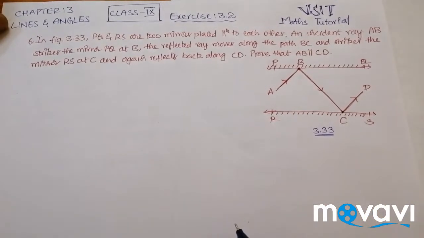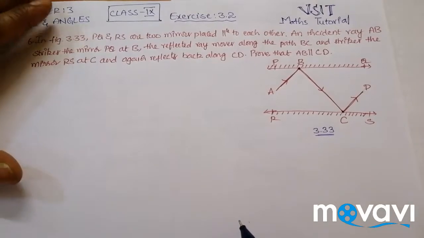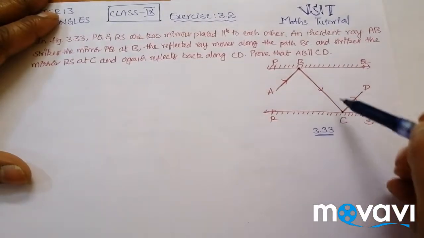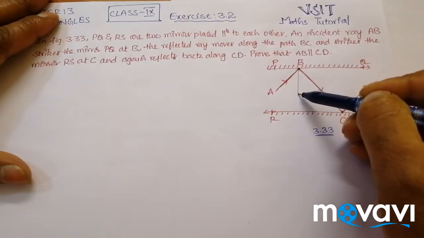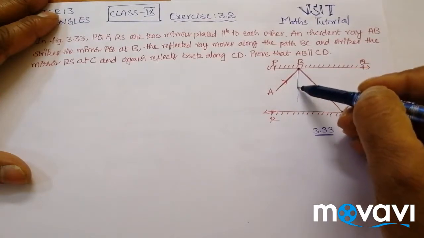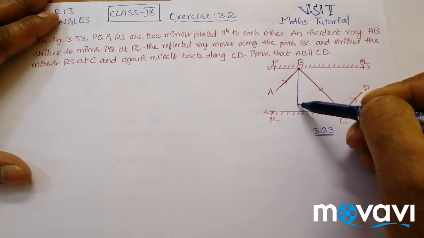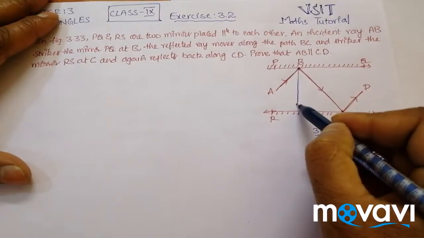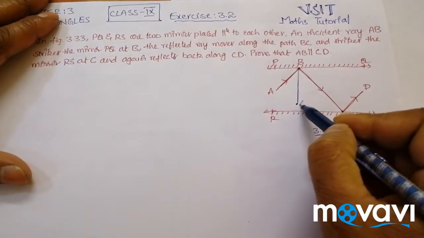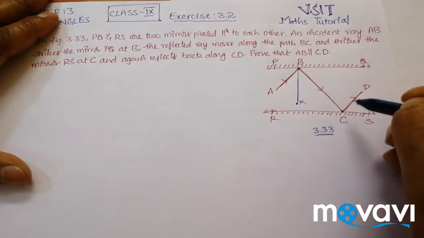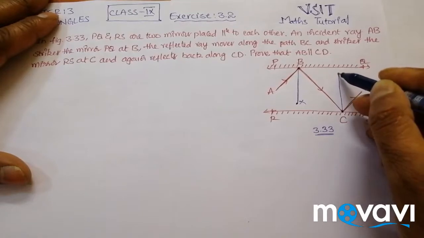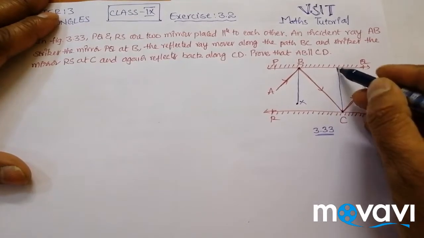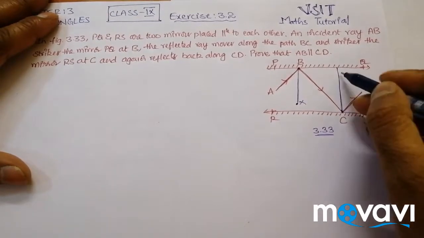For that, what we have to do first is draw normals at B and C. Let this be a normal drawn at point B, something like BX, and a normal here for C, something like CY.